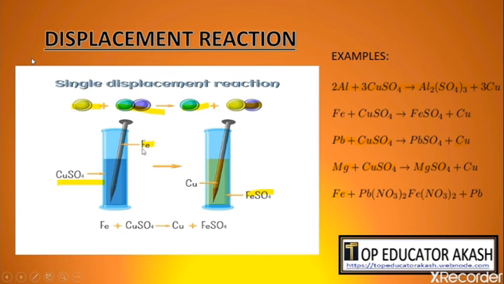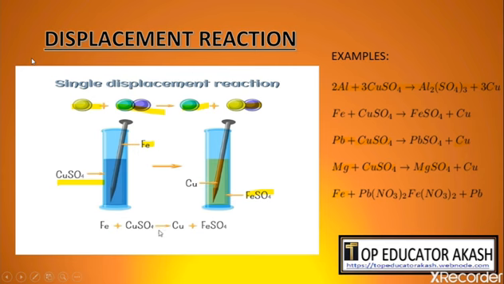When Fe, that is iron, is dipped in CuSO4, then Cu, that is copper, is deposited on the iron and FeSO4 is formed. It is pale green in color, and the reddish brown, which is Cu, is deposited on the Fe.